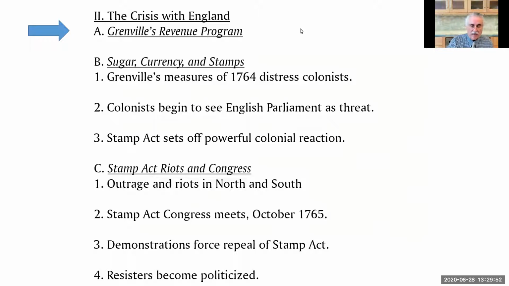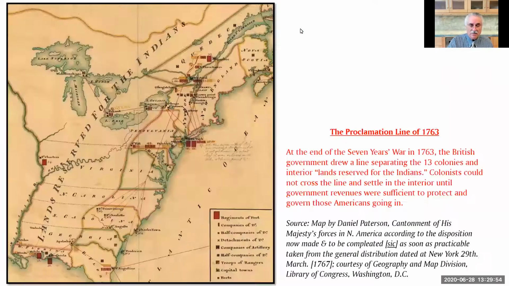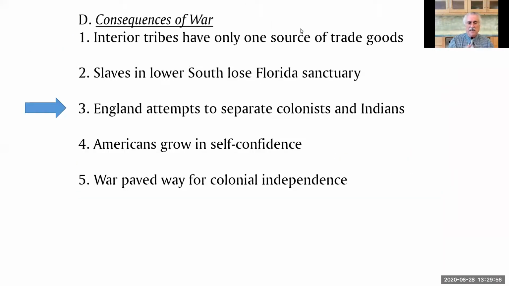Let me back up just briefly to this prior point, just to make sure that I cover the last two points. The Seven Years' War left the colonies debt-ridden and in very weakened circumstances, but Americans looked to the future and thought that the future would be much better than the past.